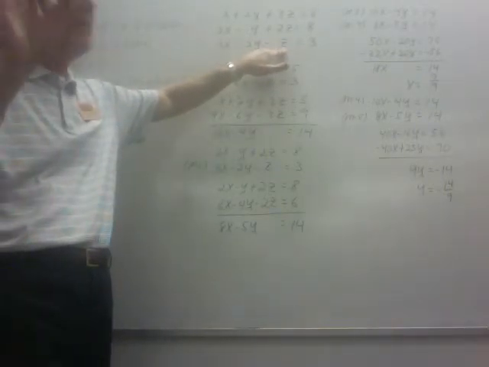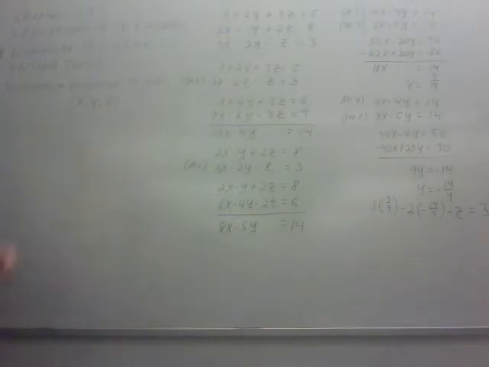It's just a 1. So I've got 3x, which would be 3 times 7/9, minus 2y, which is 2 times negative 14/9, minus z is equal to 3. Okay. So here we plug them in. Now I'm going to multiply. 3 times 7/9 gives me 21/9. Now could I reduce that first?